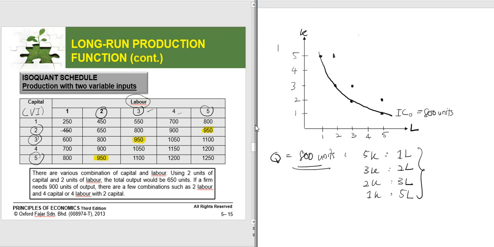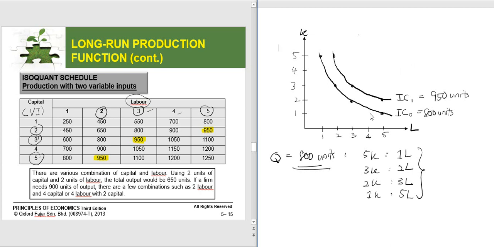So when you combine the dots, you will have another isoquant curve, which will generate 950 units of product. Okay, so you have different levels of isoquant curve here.